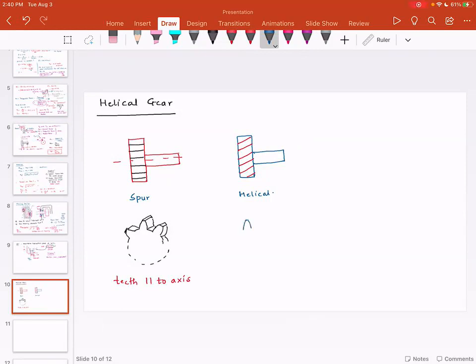If I were to sketch the helical gear, you would notice there is a distinct angle, something like this. So the teeth are cut at an angle, and that angle is called the helix angle.